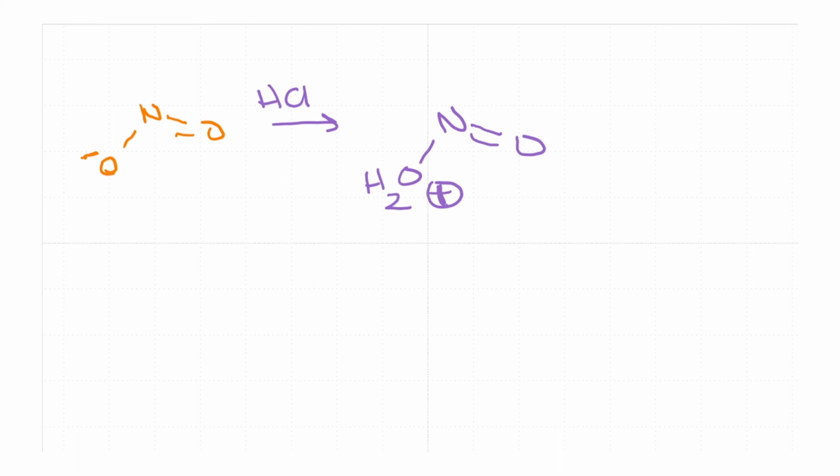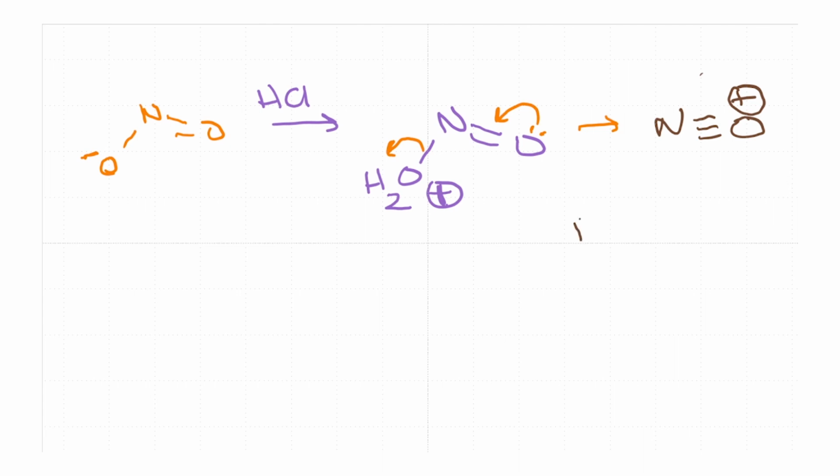Then you have a loss of water, so this lone pair can come in here, and the water is eliminated, and you get N triple bond O, where the oxygen has a full positive charge and nitrogen is neutral. This nitrosonium ion is the key intermediate that is used in this reaction.